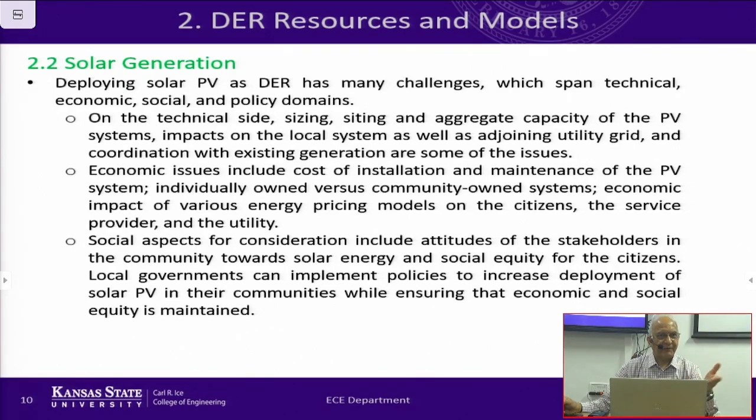Like if you live in a colony and the colony has a society, and the society has ruled that nobody can put solar panels. I want to put them, but I cannot, because social acceptance is not there yet. So this is also an issue. Even if something is technically feasible, the social aspects have to be taken into consideration. So particularly for solar energy, these three things, the technical, economic, and social issues, are important.